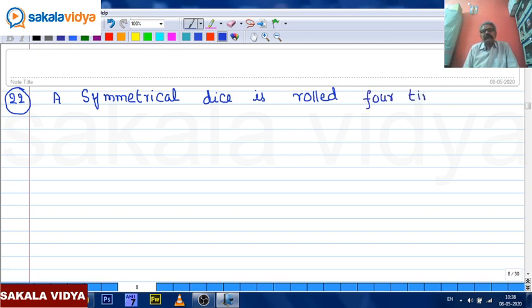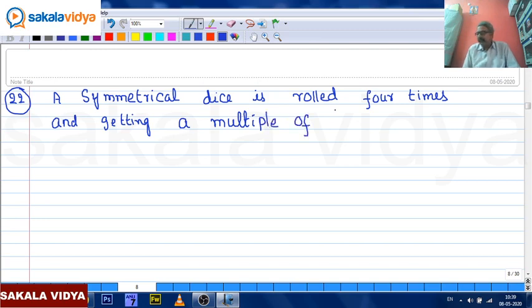That means experiment has been conducted for 4 times and getting a multiple of 2 is considered to be success.